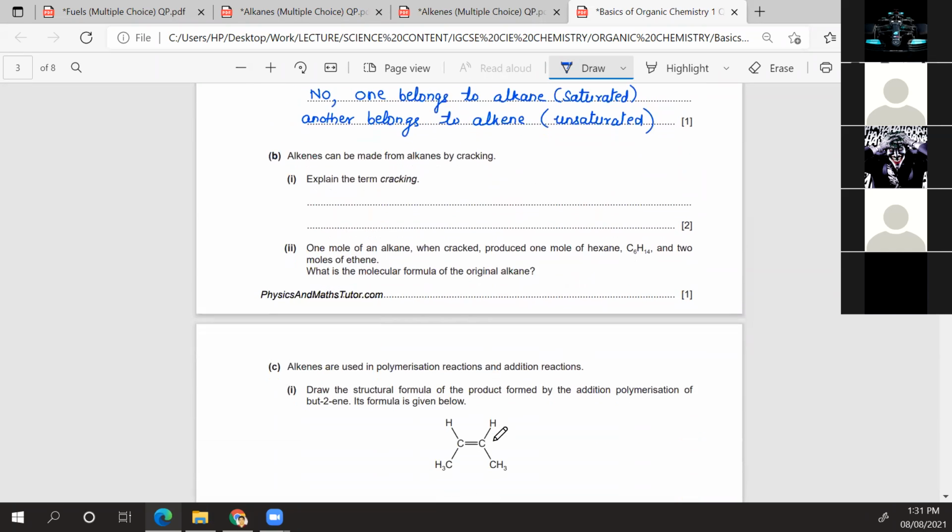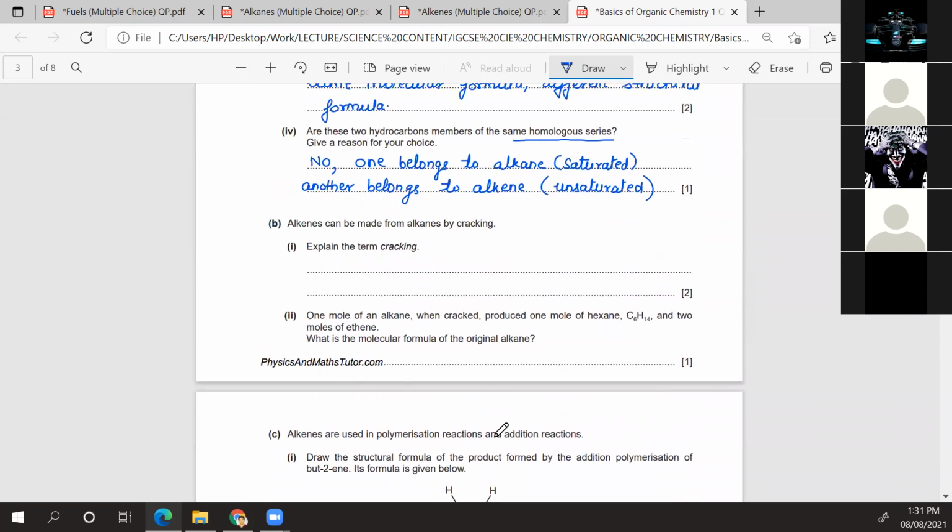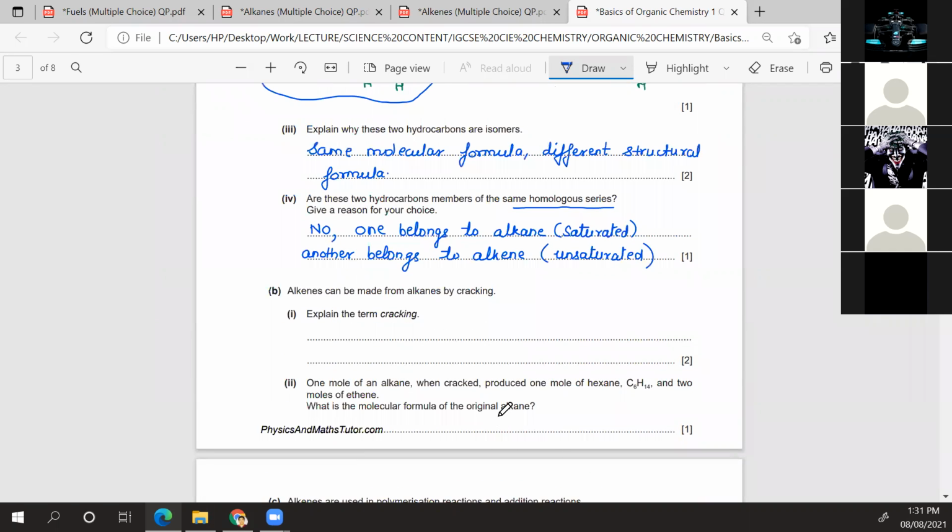Moving on to the last question. Alkenes can be made from alkanes by cracking. So what is cracking?